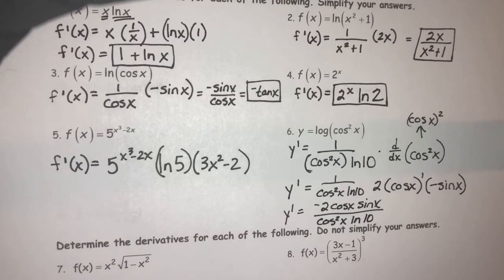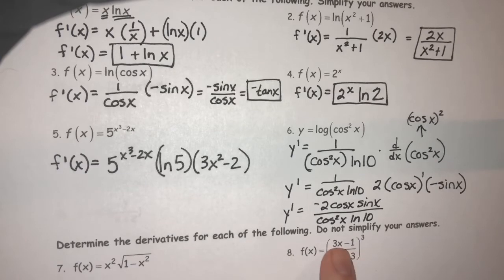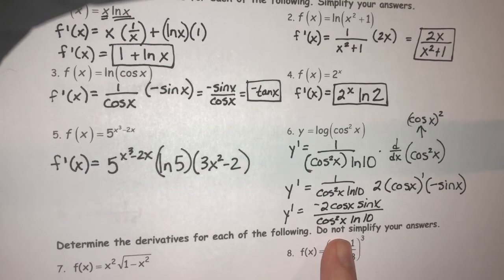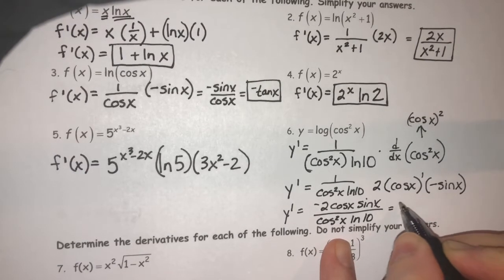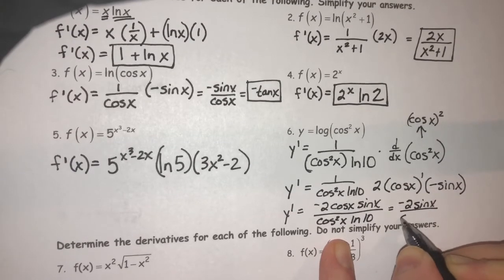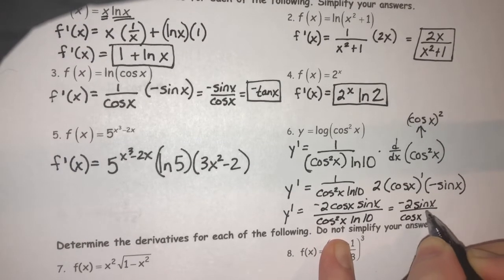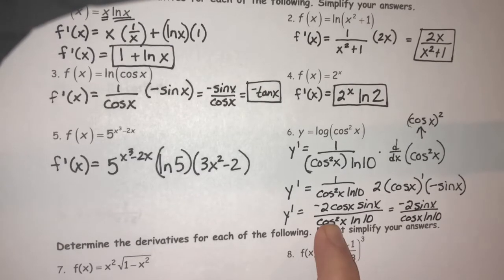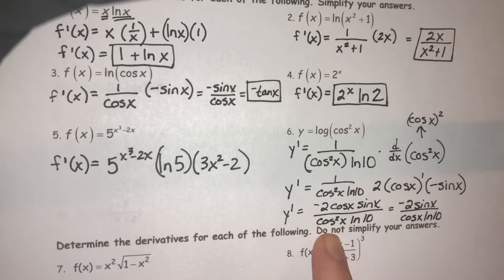Now, do you notice we have a common factor in the numerator and the denominator, that being the cosine of x? That can divide out. So now we've got negative 2 sine x over cosine x natural log of 10, because the square is gone because we canceled one of the cosines with the cosine in the numerator.